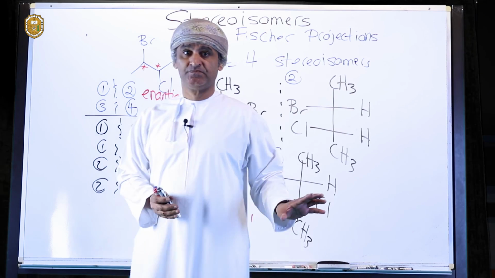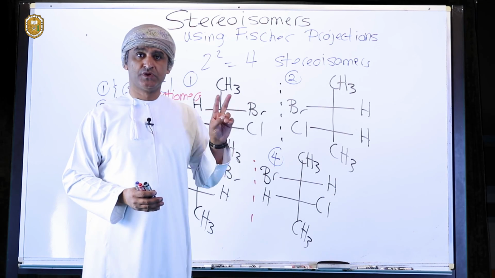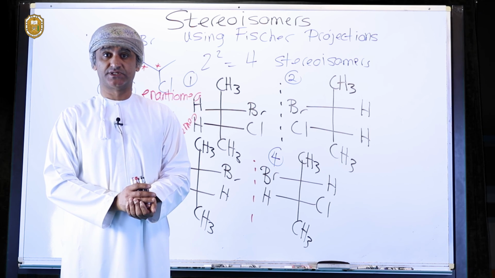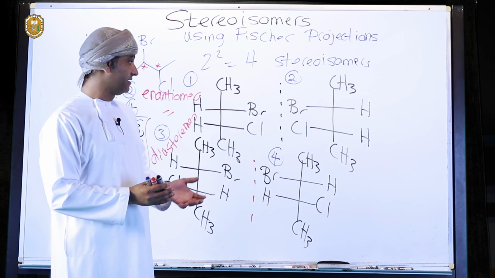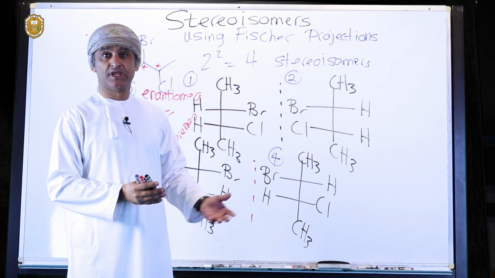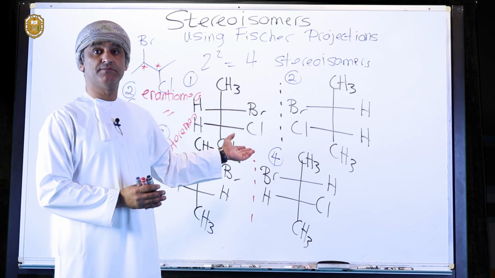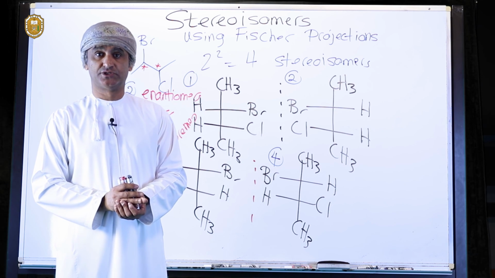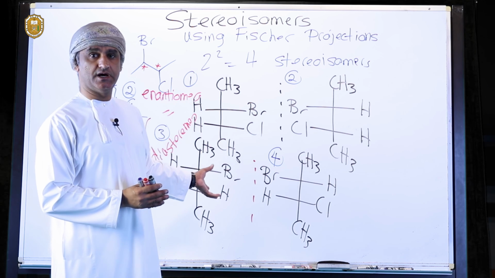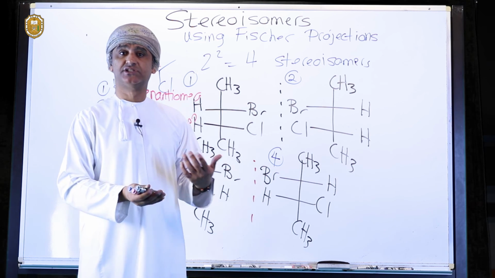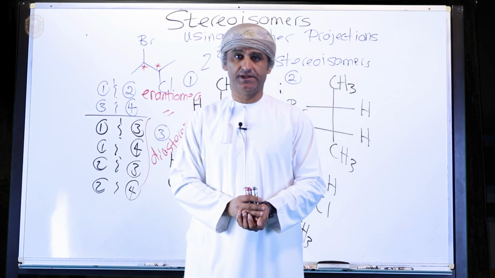To conclude, this is an example of a molecule with 2 stereocenters, and based on that, 4 stereoisomers are possible, and we can use not only tetrahedral drawings to represent molecules, but also Fischer projections. And 2 pairs of the stereoisomers are enantiomers. Any relationship between any other 2 is diastereomers.